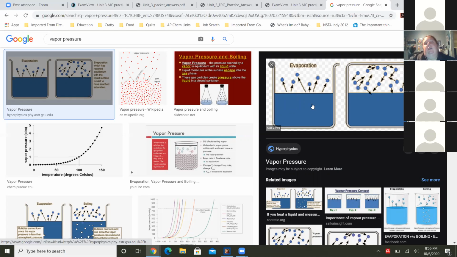If I have a liquid with really strong intermolecular forces, not very many particles are able to escape because those forces hold the particles in. If I have a high vapor pressure, I've got a lot of particles up here, which means weak intermolecular forces. So really all we use it for is a gauge of the strength of our intermolecular forces. Okay, thank you. Yep.